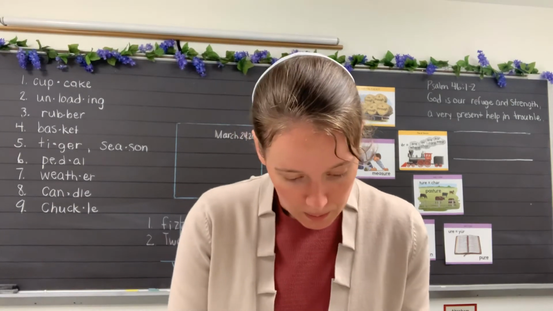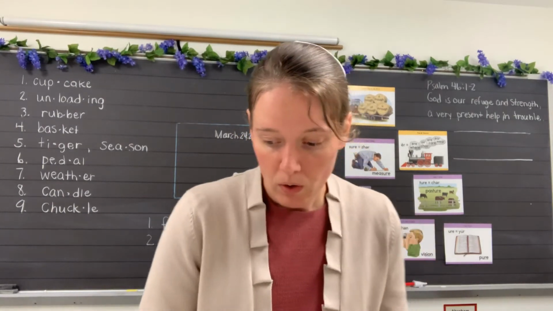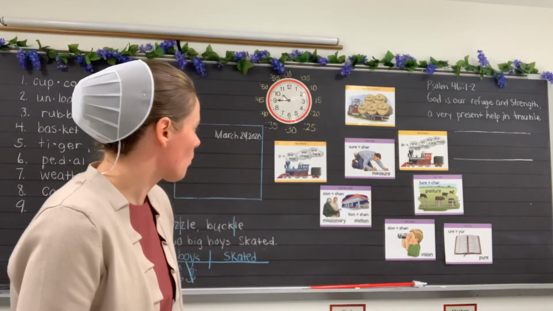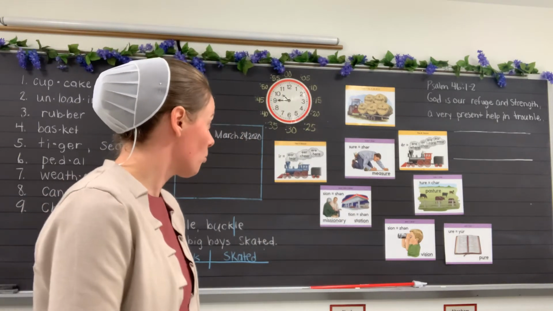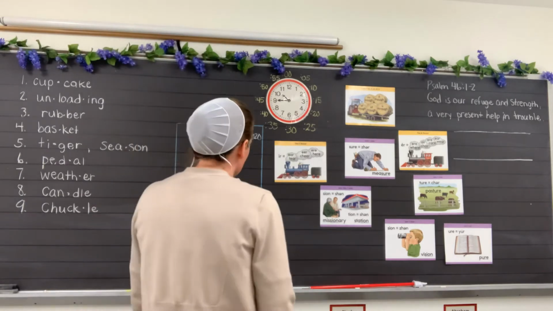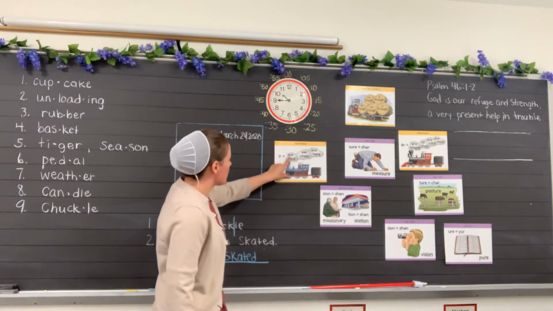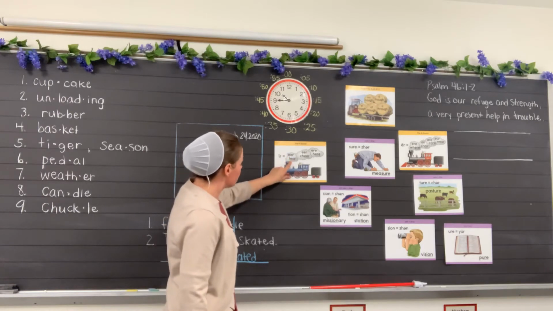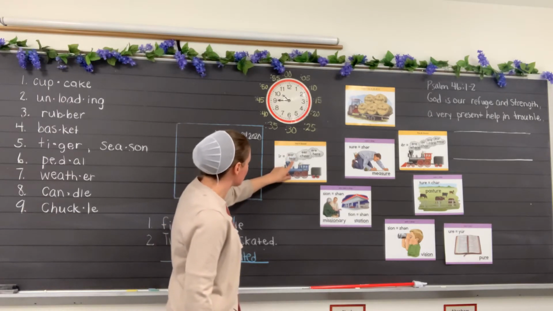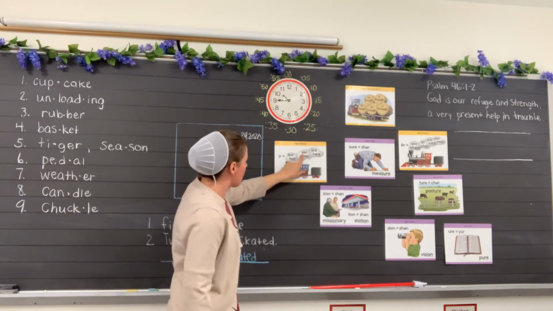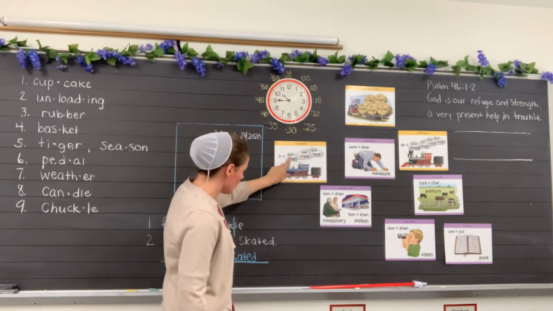Okay, let's review different ways that we spell words. So we have some phonics things here. This is the ear sound. It could be spelled E-A-R as in tear. Actually tear, that one would be tear.